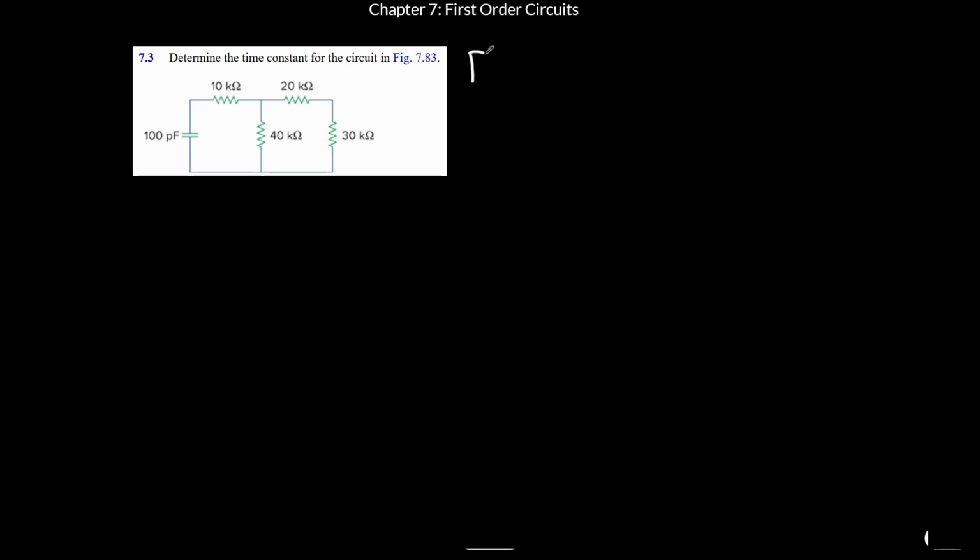So first we're going to look for our resistance, which is just going to be 10 plus this little area right here. And we can see that we have these two resistors in series, but in parallel with this 40 kilo ohm resistor.